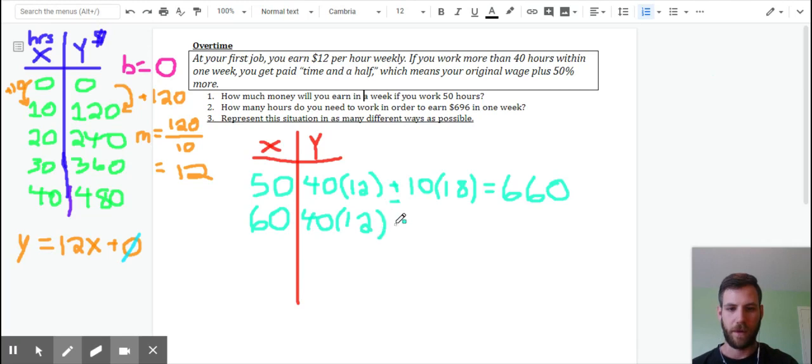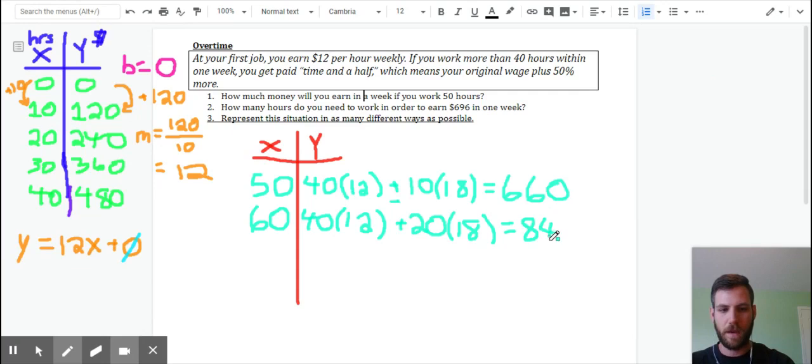And then I'm going to add another 20 hours past my 40-hour week. It would be $18 per each of those overtime hours. And that would give me a grand total of $840 for that week, working 60 hours.